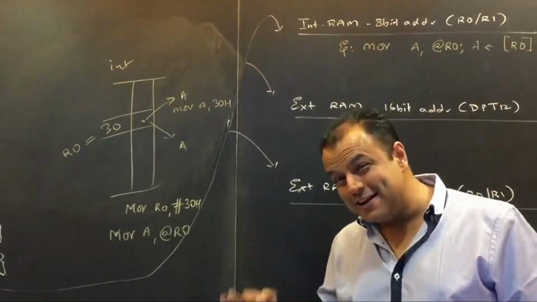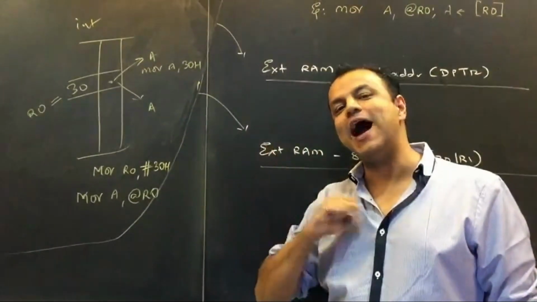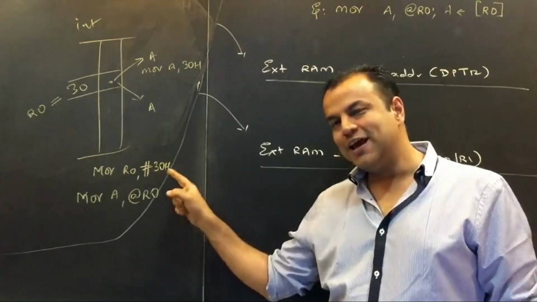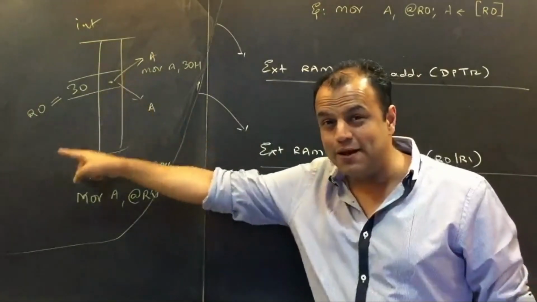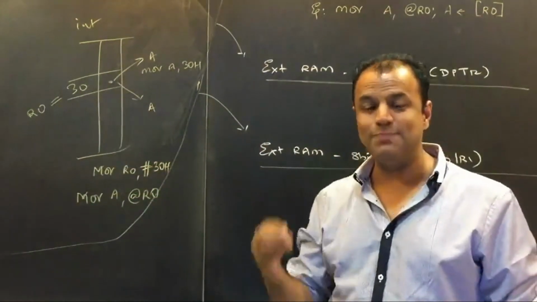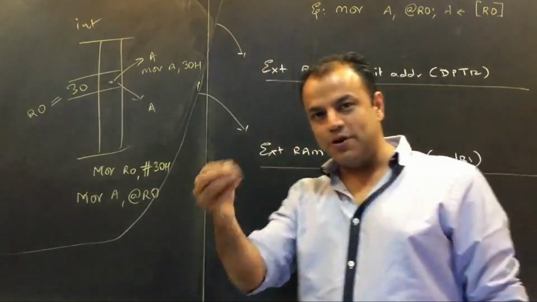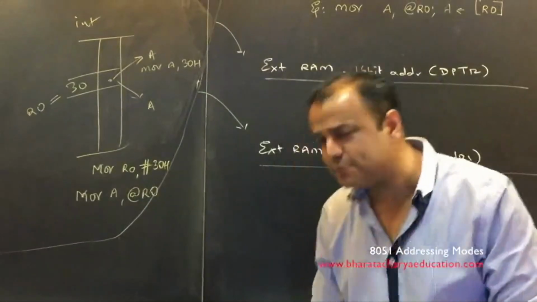A gets the contents of the memory location pointed by R0. Since R0 is initialized with the value 30, A will not get 30. A will get the contents of memory location pointed by R0. I'm just using R0 as a pointer. Using that pointer, I'm getting the data from the location pointed by R0. Tell me, did you understand this much?